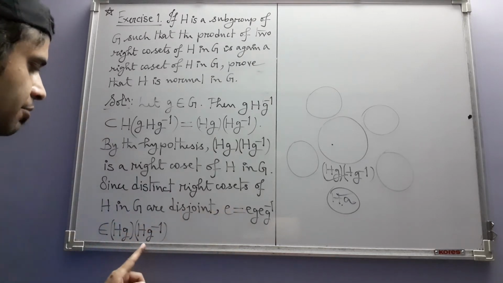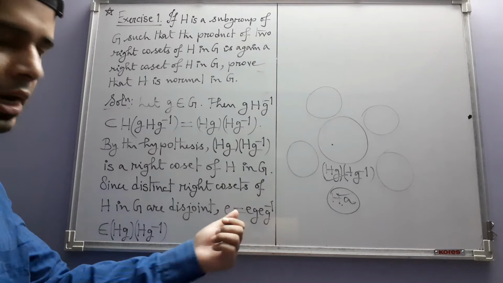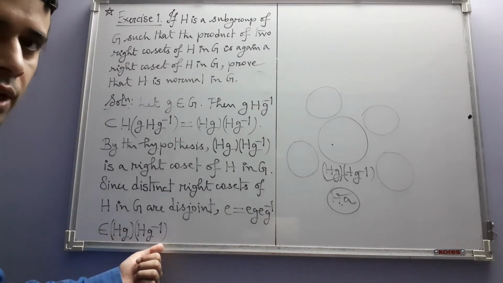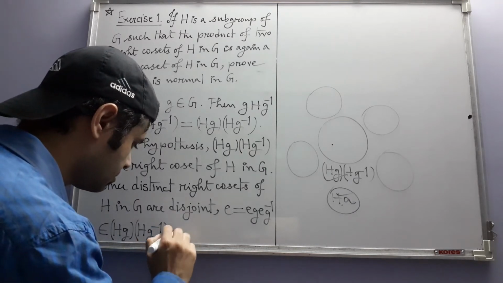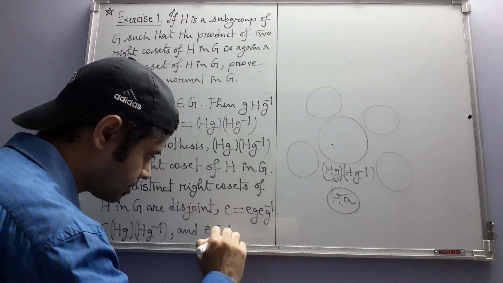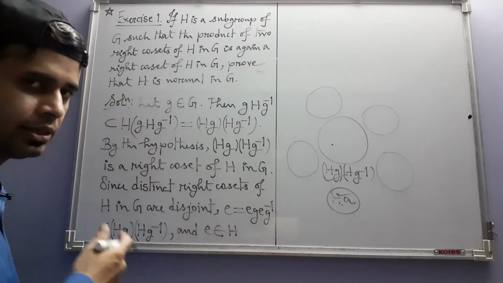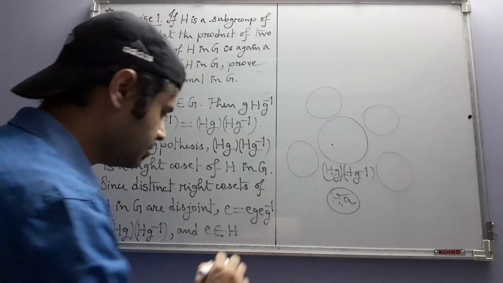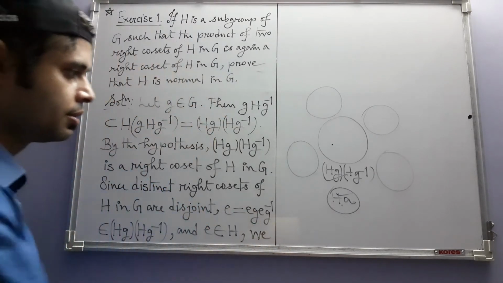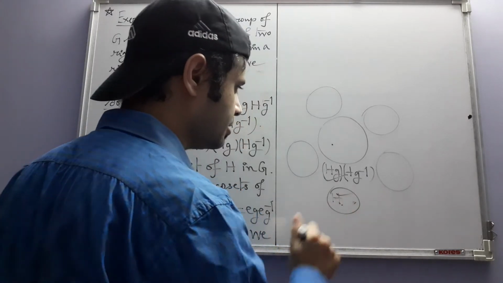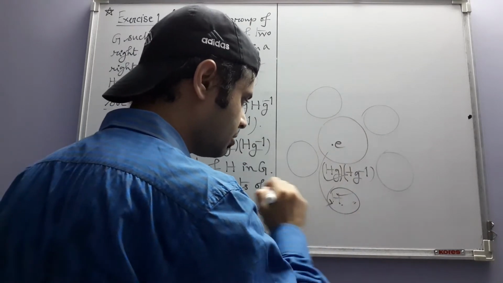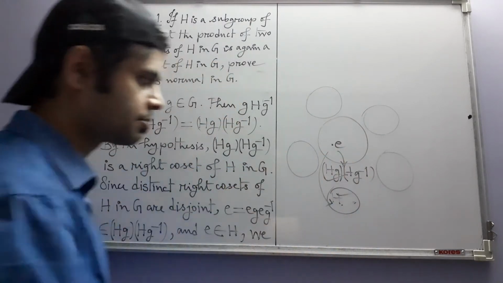Because e is coming from H, this product, which ultimately turns out to be the identity element, belongs to this product. And e belongs to the right coset H of H. H itself is also a right coset of H in G. So this element e belongs to H, at the same time it belongs to this product.